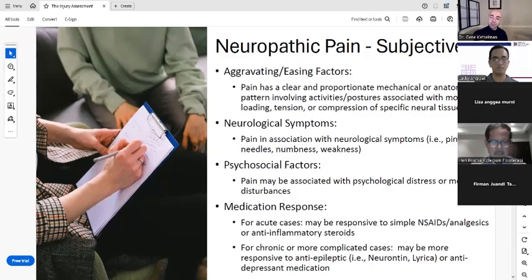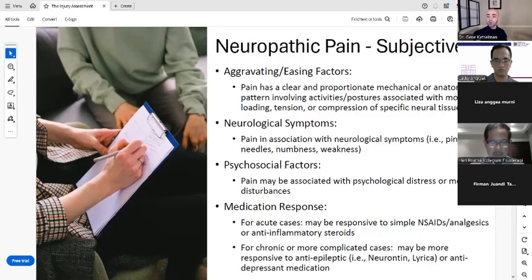So with stenosis, we know that when you extend or bend backwards, you're closing the space through which the nerves travel. And so you will have a worsening of symptoms with lumbar extension. But when they flex their spine, when they do lumbar flexion, you're going to open up the neural space, allowing for more space and less compression on the nerve.